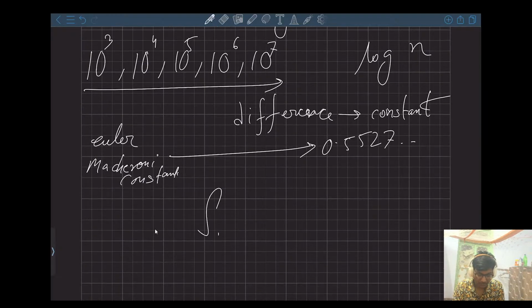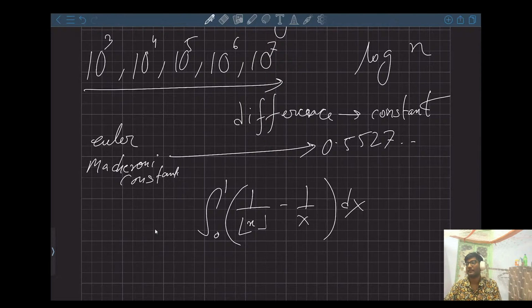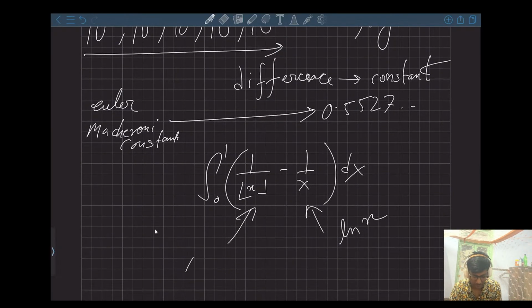You can say this is the integral from 0 to infinity of 1 by floor x minus 1 by x dx. So this is log x, of course, and this is kind of my harmonic series.